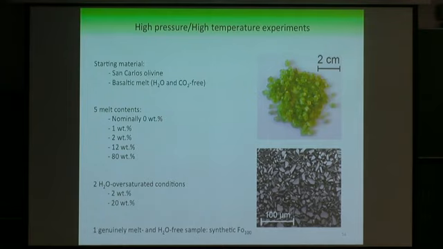And I've also performed 2 experiments under water oversaturated conditions with 2 weight percent and 20 weight percent. But I've also performed one synthetic grain growth experiment, which showed genuinely melt and water-free conditions, so namely forsterite, which was sol-gel based.